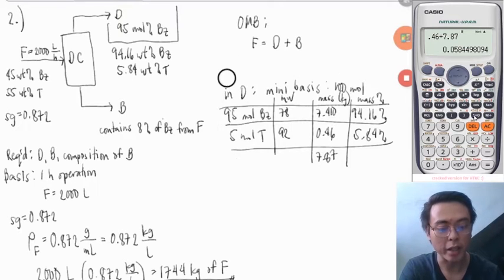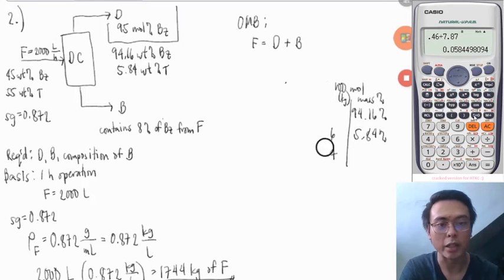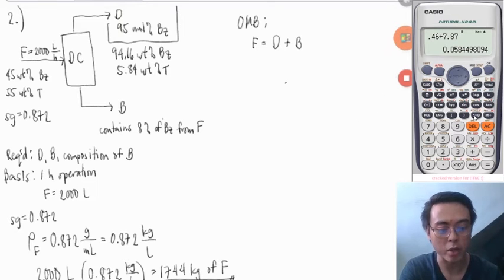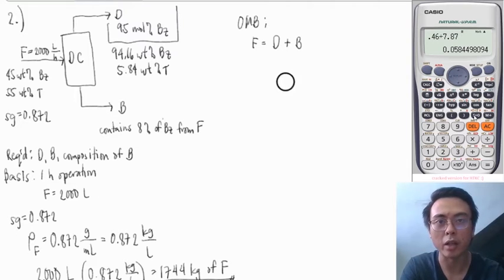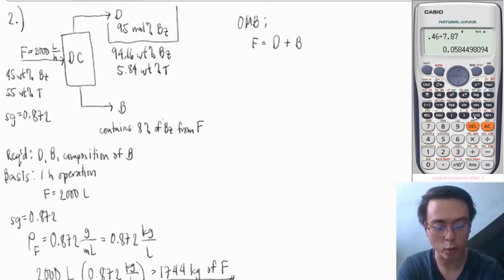Well, in my case, we are deleting the floating calculation because we don't have enough space in our board here. But in the exam, you keep all of your floating solutions so that you can have a backup to your solution. Okay? So we're done with the F, we're done with D. Let's take a look at the bottoms product. It says here the bottoms contains 8% of benzene from F. So how do we do that?